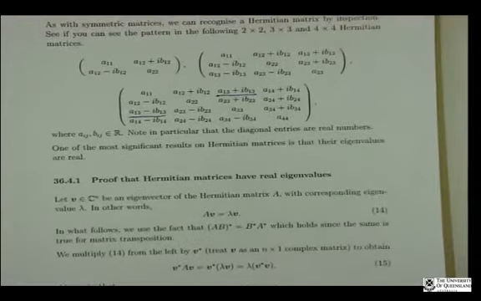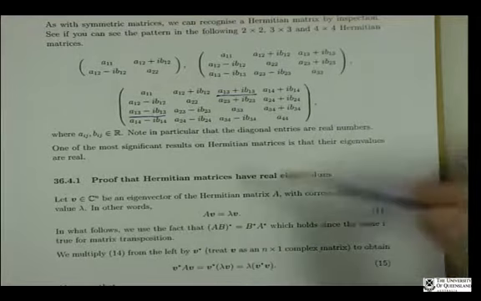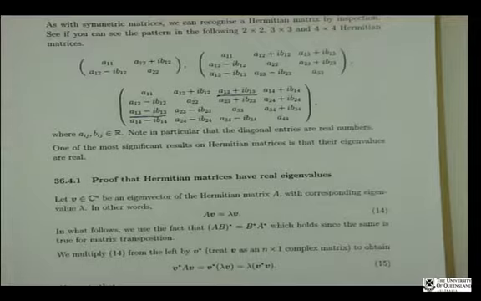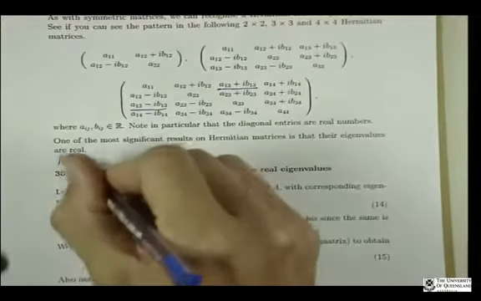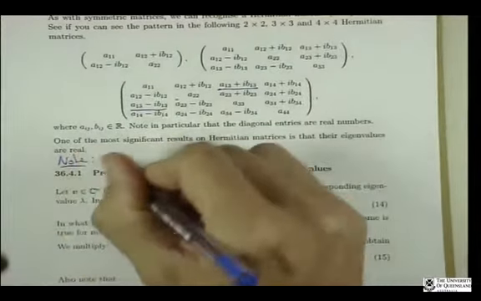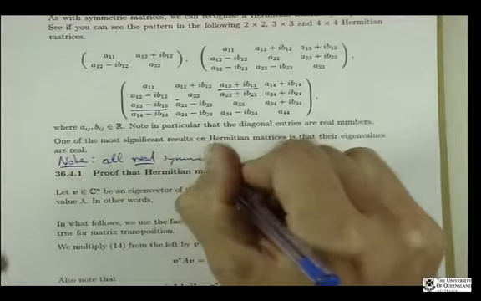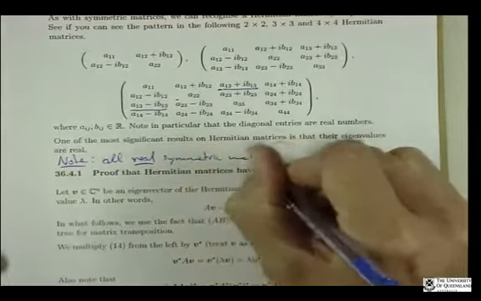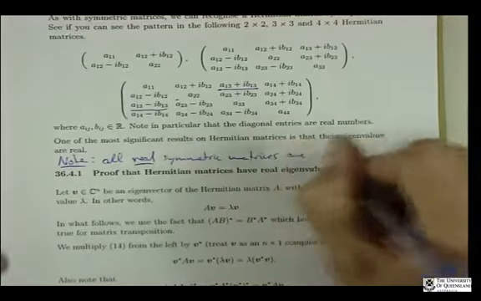So any result that holds for Hermitian matrices also holds for real symmetric matrices. Now, I made a comment yesterday that the real symmetric matrices only ever have real eigenvalues. Well, that result is contained in this result for Hermitian matrices. So we'll just make a note that all real valued symmetric matrices are Hermitian.